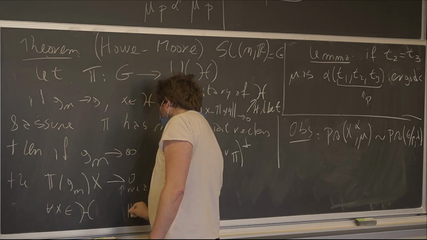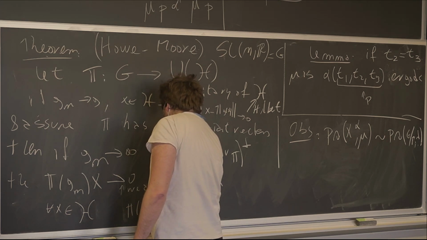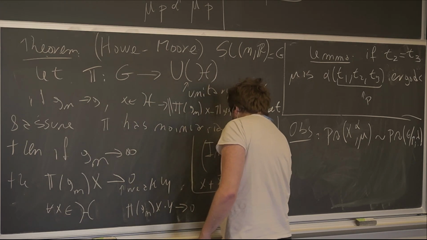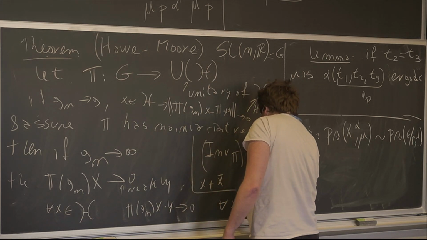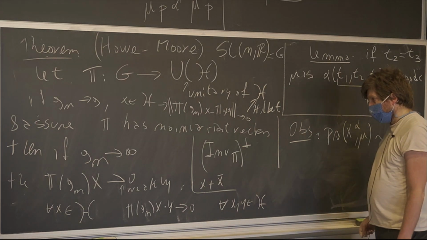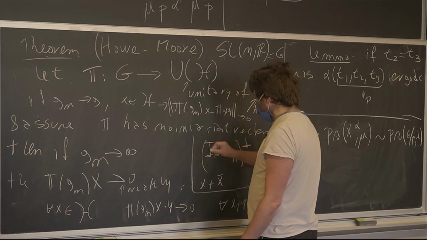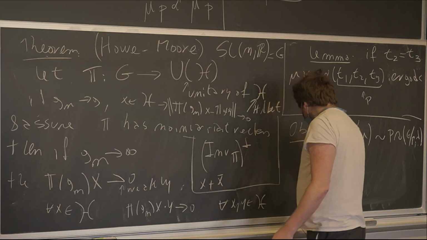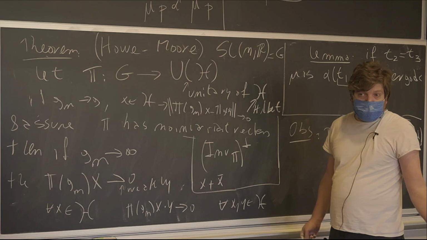So the inner product of pi Gn x with y goes to 0 for every x and y. So that's an equivalent statement to this. So that's mixing or decay of matrix coefficients, or just Howe-Moore's theorem, which implies ergodicity.